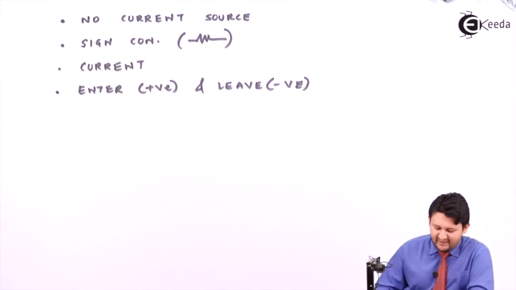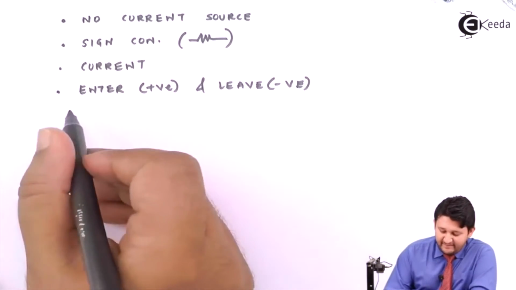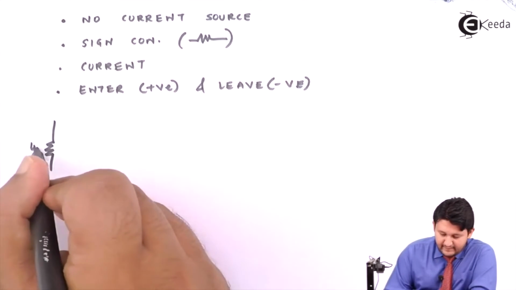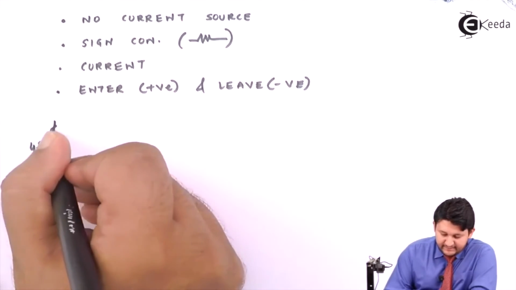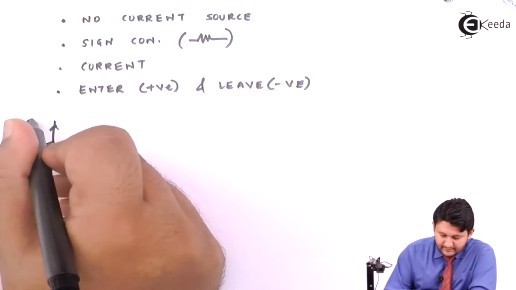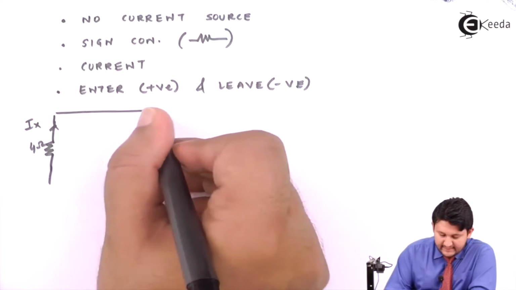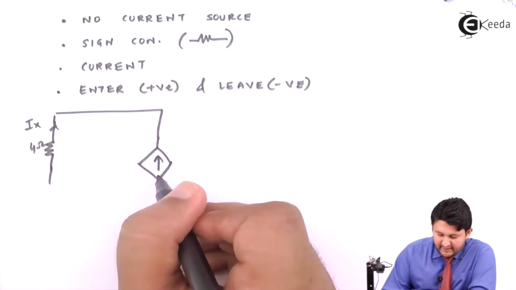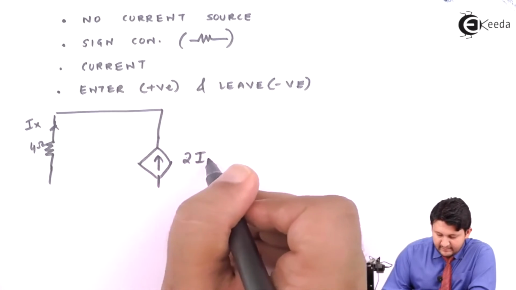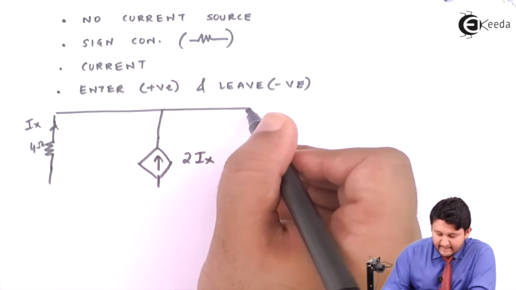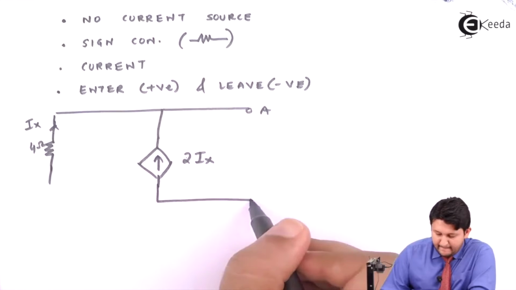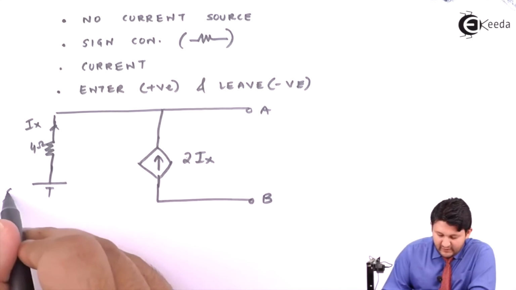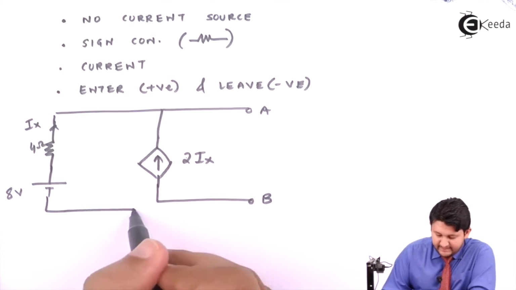So let's do it with Thevenin's theorems, sum number 1, step 1. There is a dependent current source, 2Ix, between A and B, and a voltage source of 8 volts.